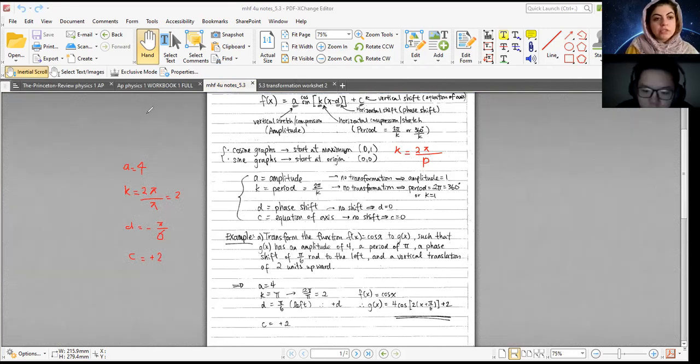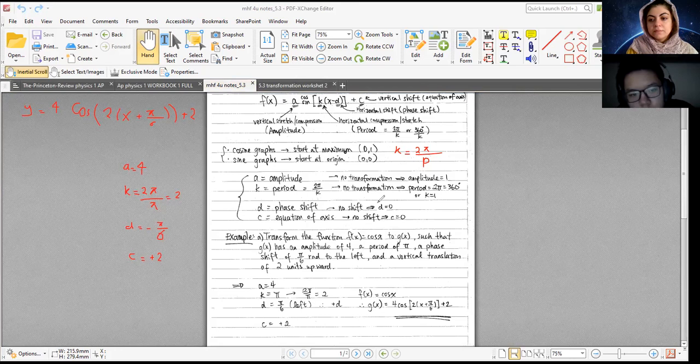It's a cosine function. So y is equal to, instead of A, I put 4 cosine. Instead of K here, I put 2. Instead of the D, I put negative pi over 6. Negative becomes positive, plus C, plus 2. Did you understand that question? Yeah.